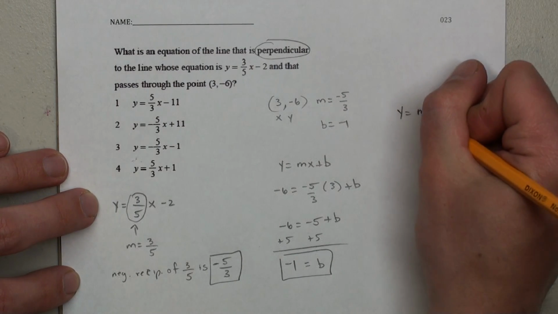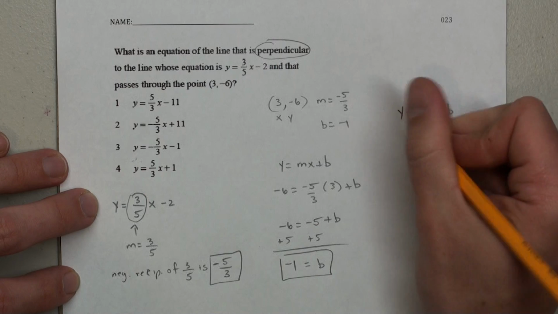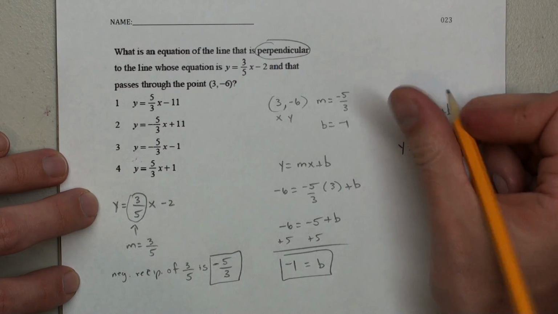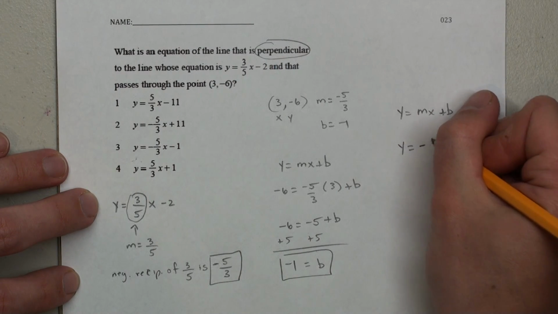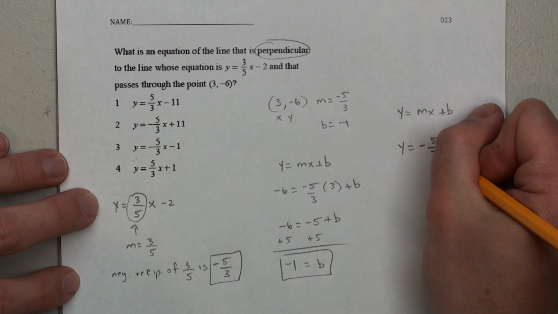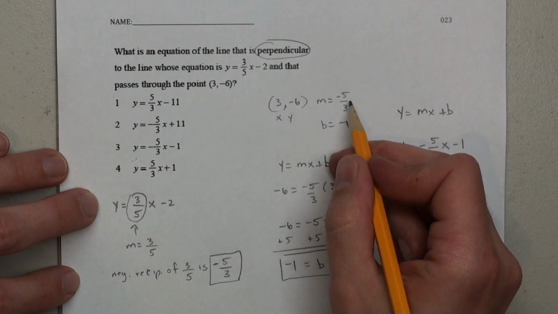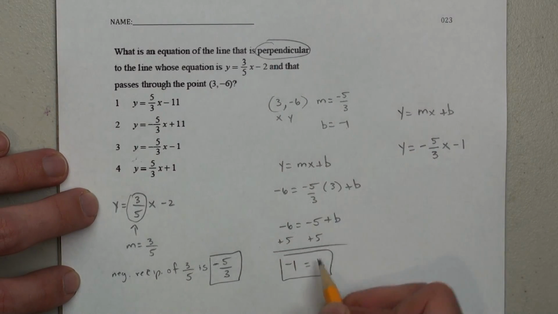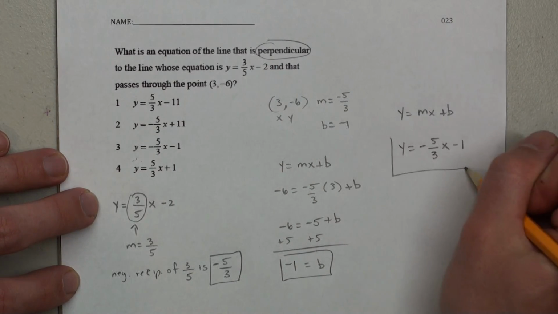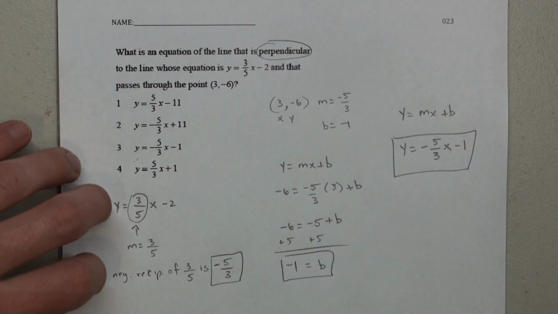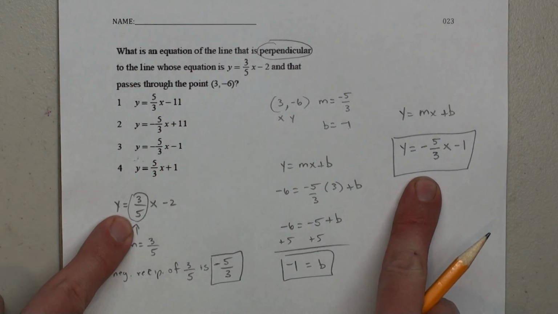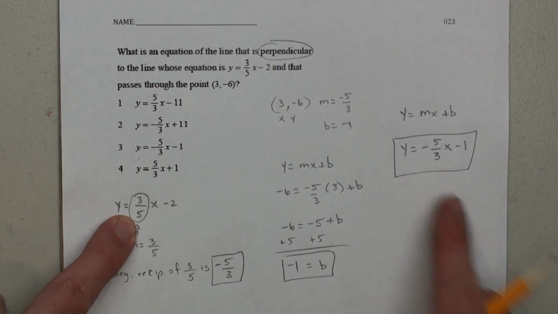So y equals mx plus b. y equals negative 5/3 x minus 1. Okay? See how in the two equations the slopes are negative reciprocals? I know they're perpendicular.